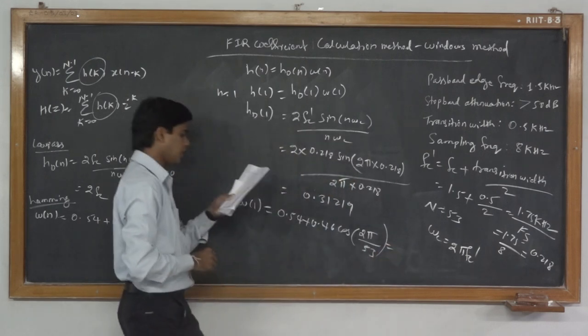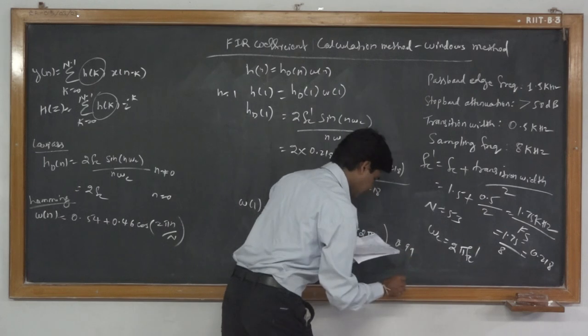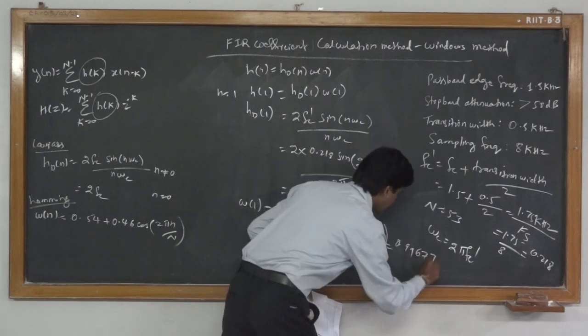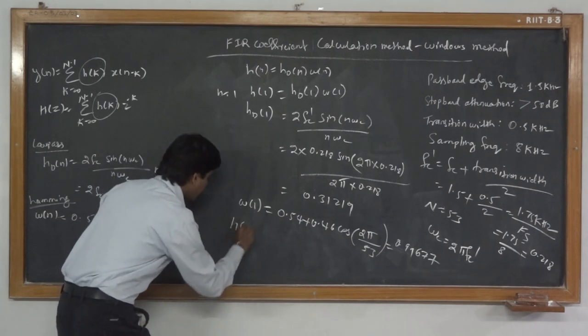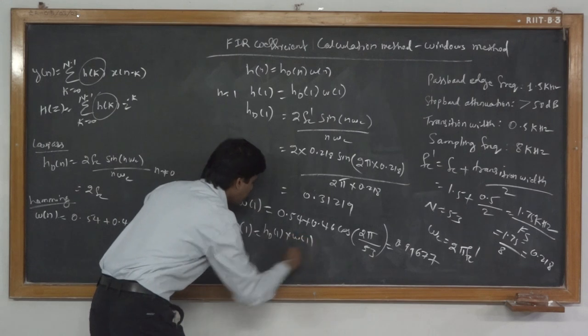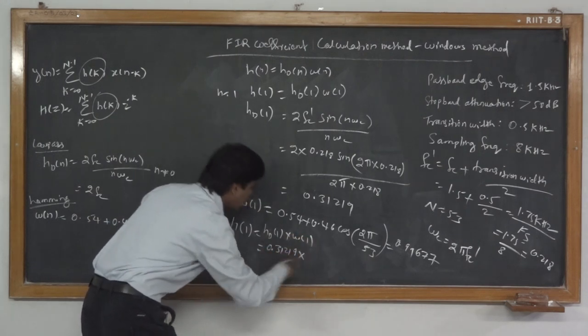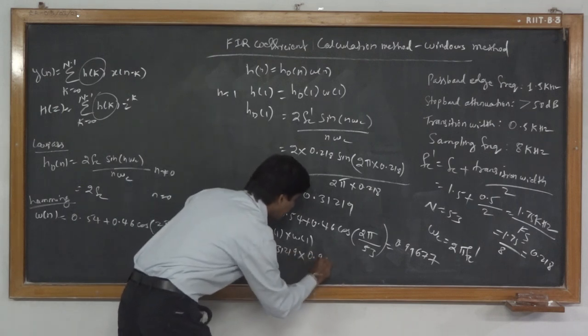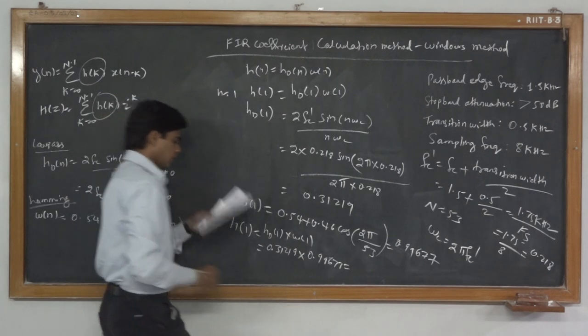So we end up with the answer of 0.99677. The next step is to calculate h of 1, which is nothing but hd of 1 into w of 1. hd of 1 is already calculated as 0.31219, multiplied by 0.99677, which gives us the answer as 0.3118.